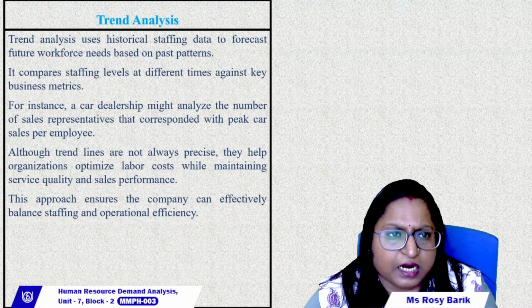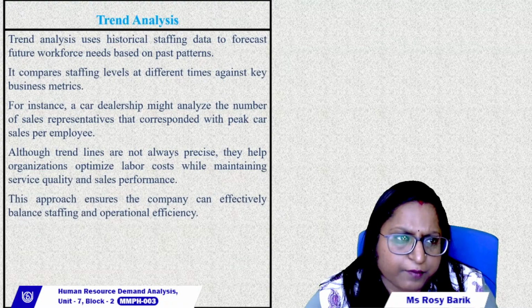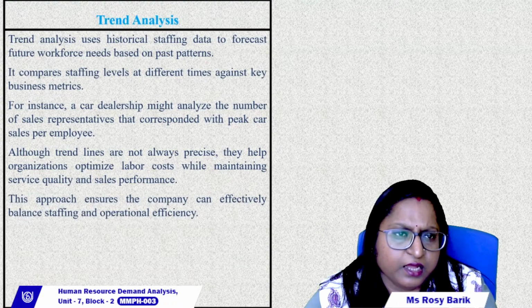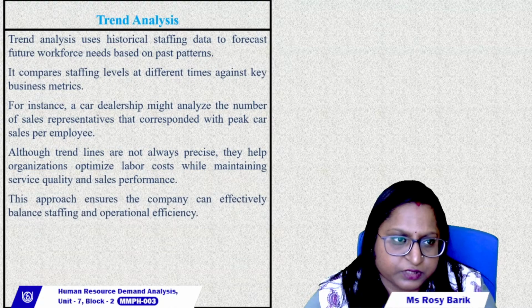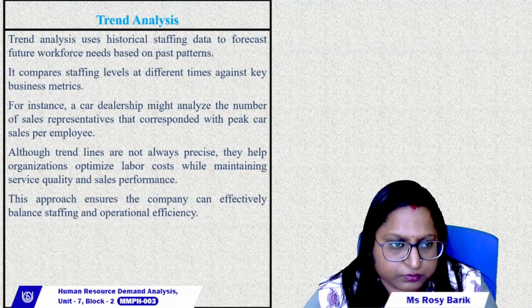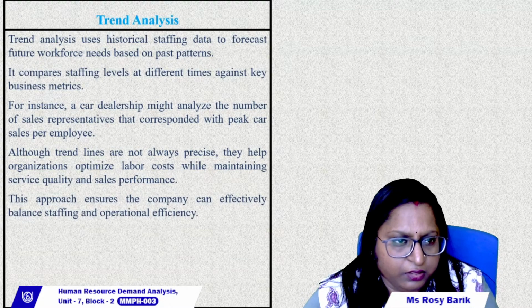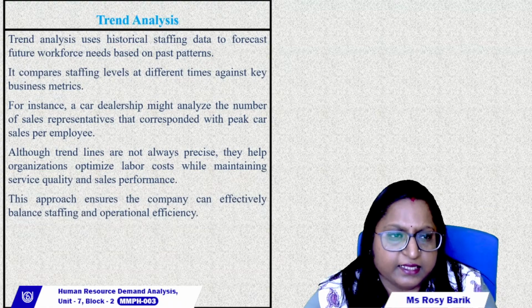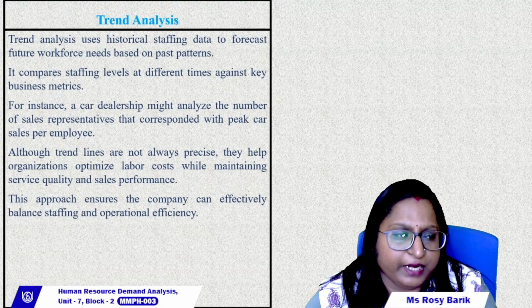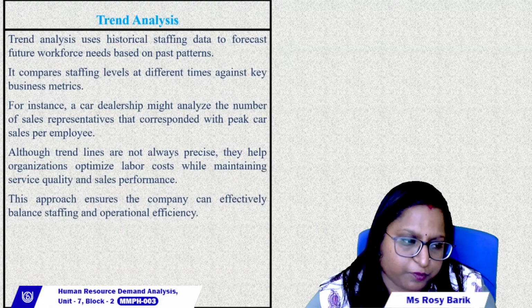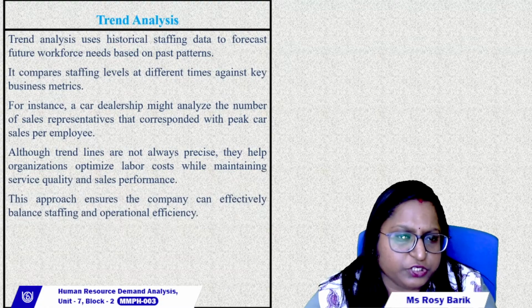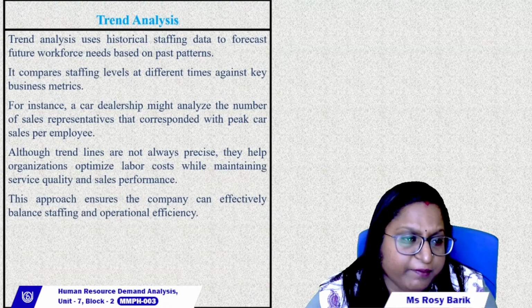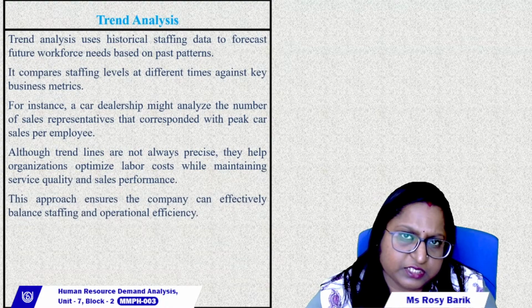For instance, a car dealership might analyze the number of sales representatives that corresponded with peak car sales. Although trend lines are not always precise, they help organizations optimize labor cost while maintaining service quality and sales performance. This approach ensures the company can effectively balance staffing and operational efficiency.